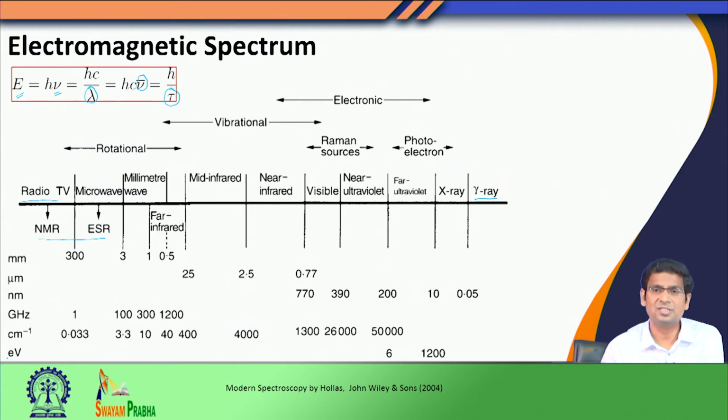We normally use a range of units to express different electromagnetic radiation. We follow a certain convention, but the idea behind using a particular unit for a particular part of this electromagnetic spectrum is that sometimes the associated numbers become so difficult to communicate. For example, if we express a particular radiation in a certain unit whose number becomes 0.00031, that is very difficult to communicate, with so many zeros before 31.